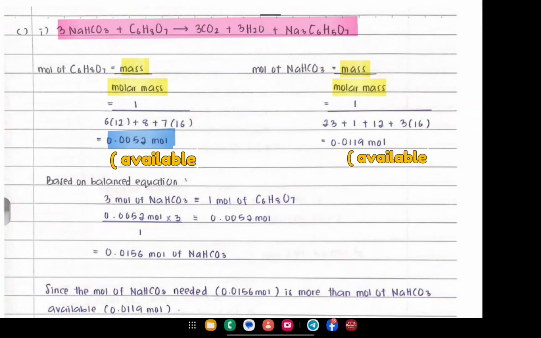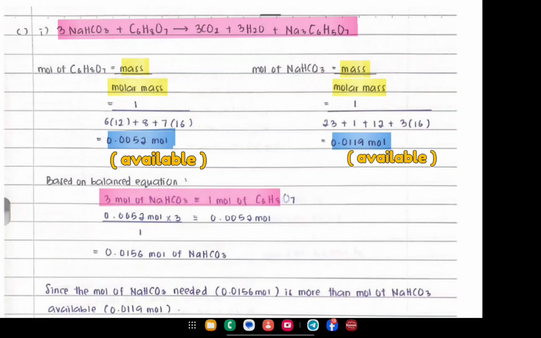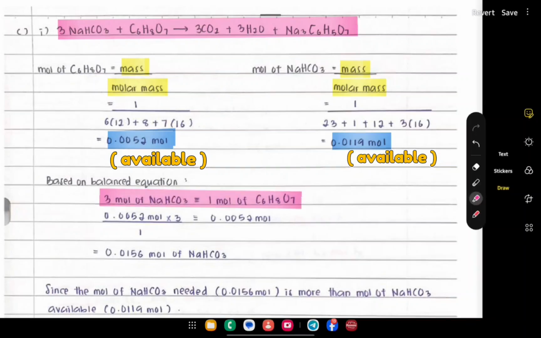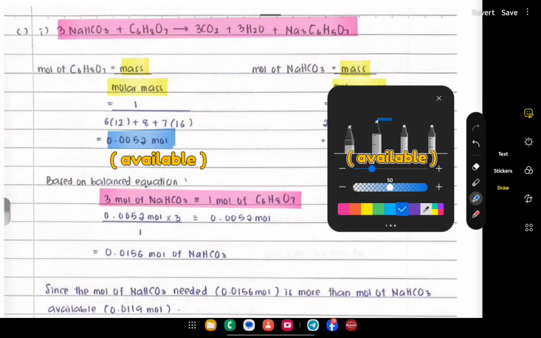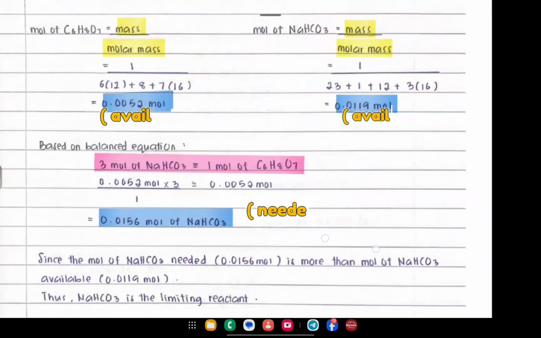Both of these are the moles available for the reaction. So now we need to find the needed mole. Based on the balanced equation, I'm doing the chemical ratio technique. 3 moles of NaHCO3 reacts with 1 mole of C6H8O7.